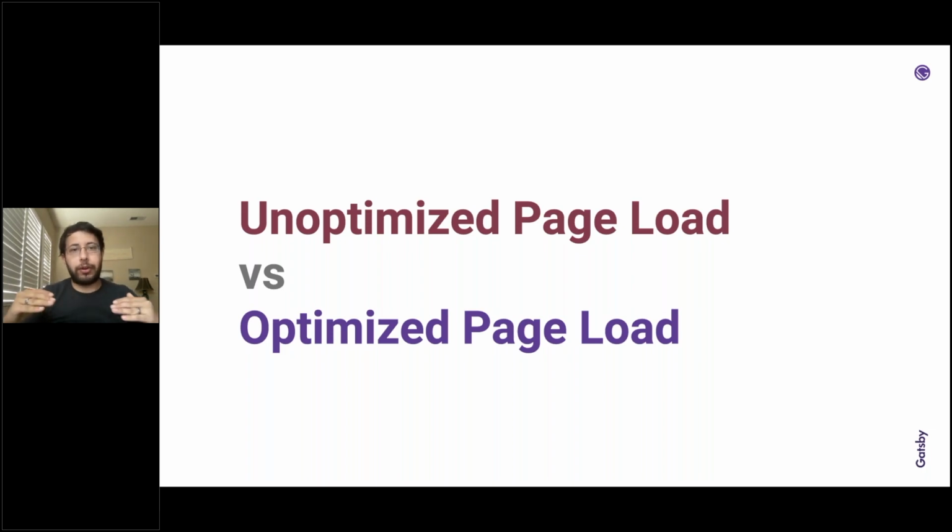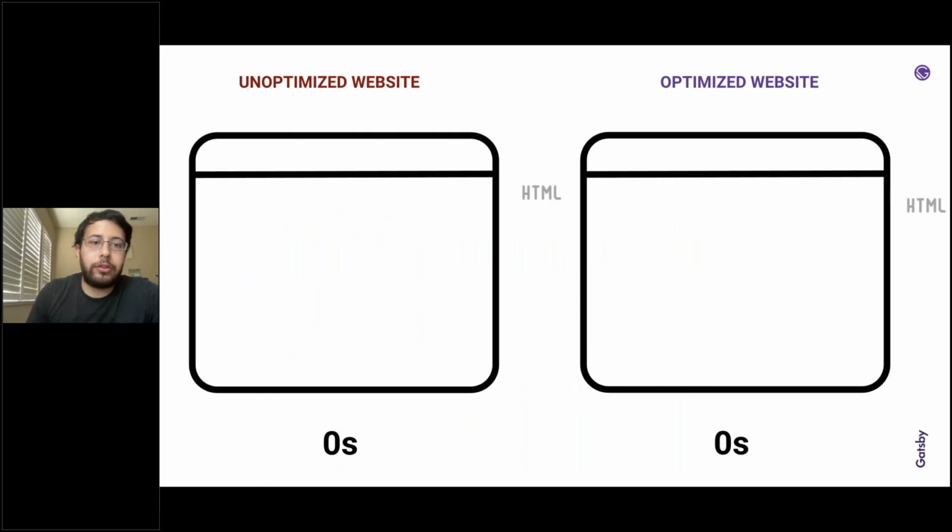But now that we've seen the unoptimized page load by itself, the optimized page load by itself, we've walked through the metrics for each one and where they occur in context of those page load experiences. Let's look at them side by side, and we'll start to get a little bit more into exactly what those things are that are making the optimized website perform better than the unoptimized website.